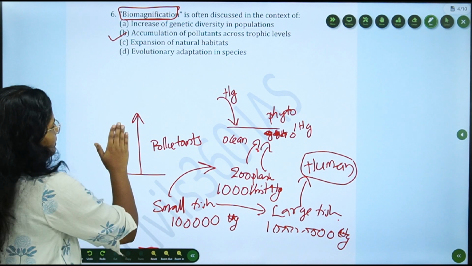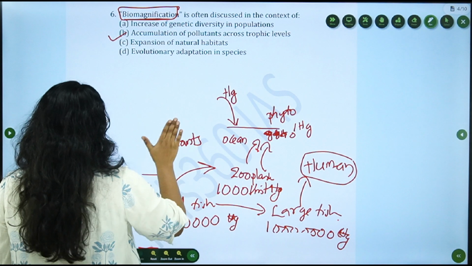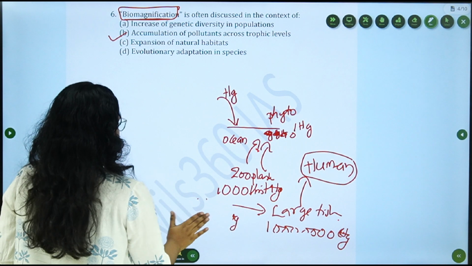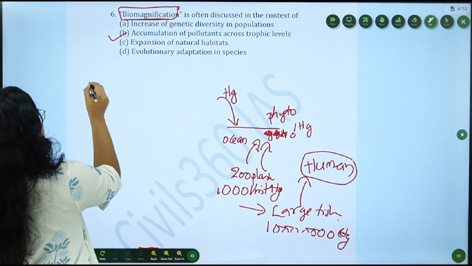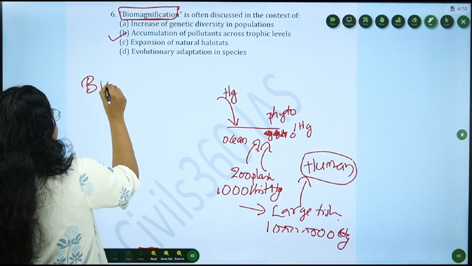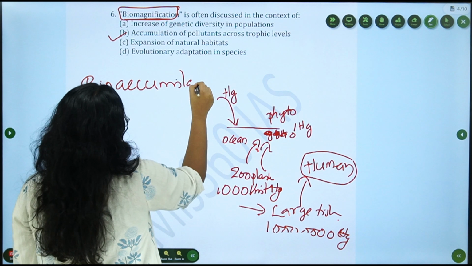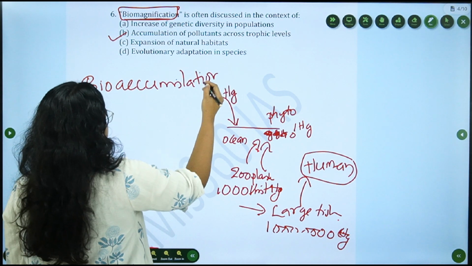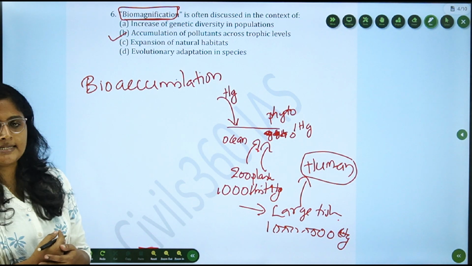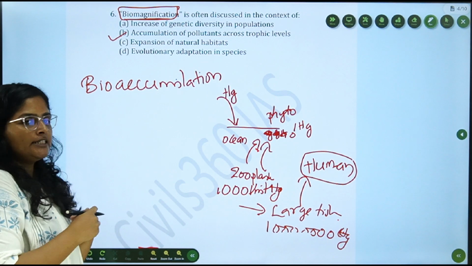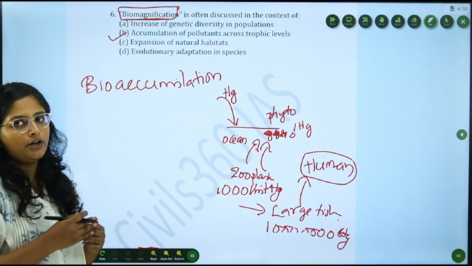Now there is another term called bioaccumulation. What is bioaccumulation? In the same organism itself, these pollutants get accumulated over a period of time.